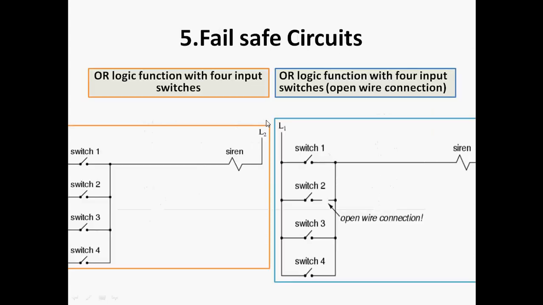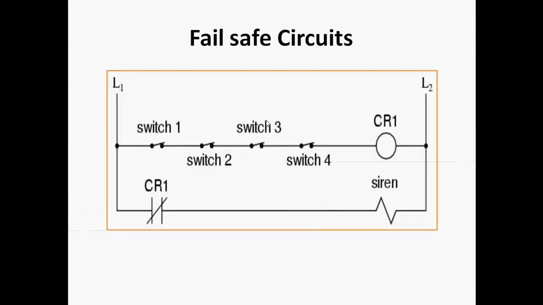So where do we use this fail-safe circuit? Suppose your output is an important one, and then we use switch 1 to 4, and if any one of them fails, we can easily operate with the other switches. But in that case, what will happen if you use these switches in parallel? Switch 1, switch 2, switch 3, switch 4.